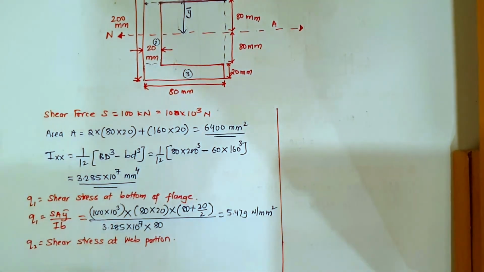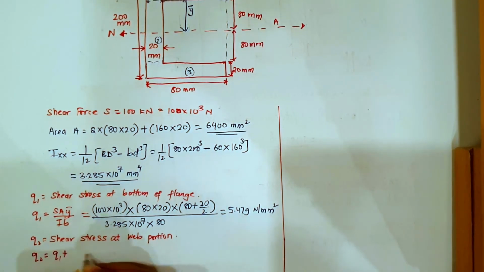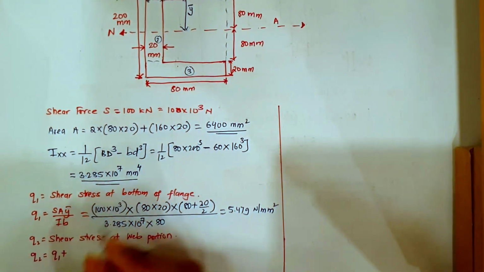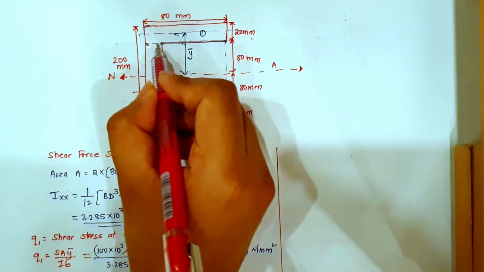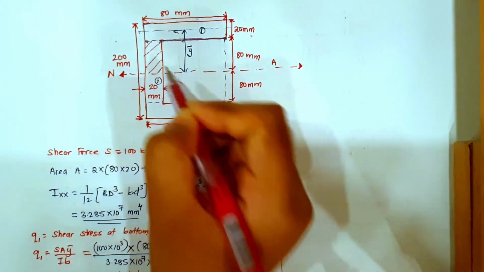Okay, so shear stress at web portion will be equal to Q2 will be equal to Q1 plus. Now I need to, since I said web, I need to take this portion only. इतना section नहीं लेना पड़ेगा, इतना.